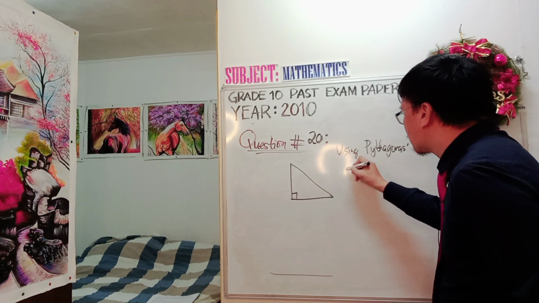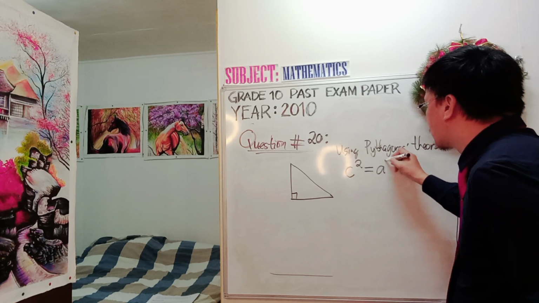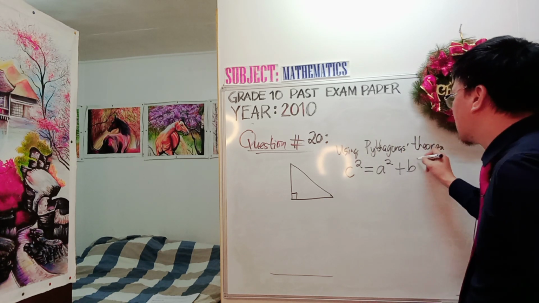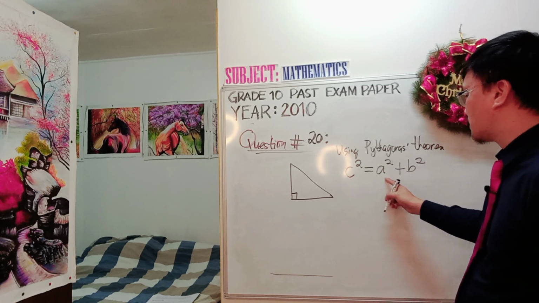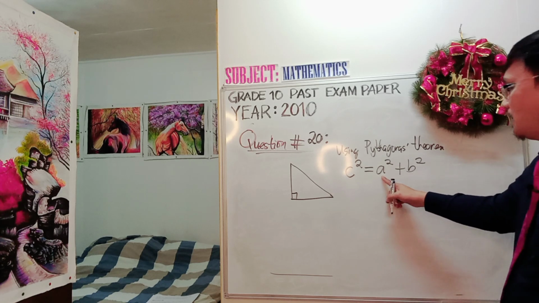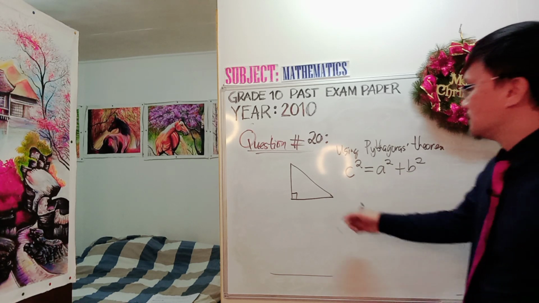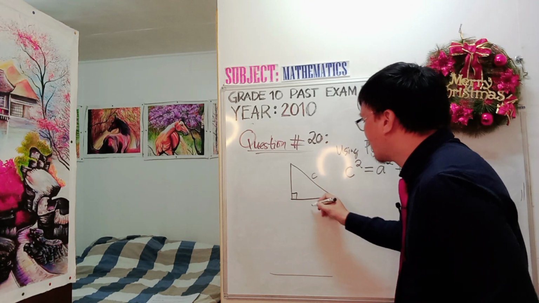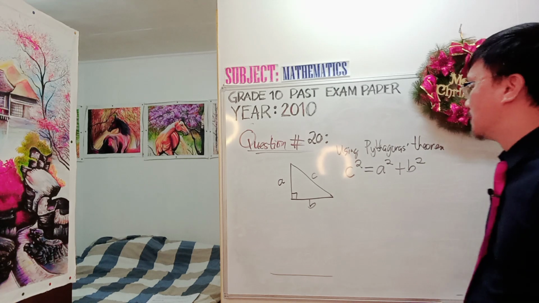The Pythagoras theorem states that c square is equal to a square plus b square. So the square of the hypotenuse is equal to the square of the one side plus the square of the other side. Now this is our c in this given, and this is b, and this is a.